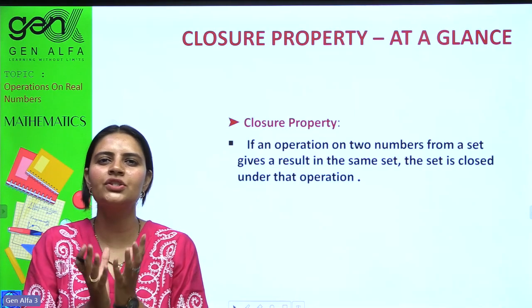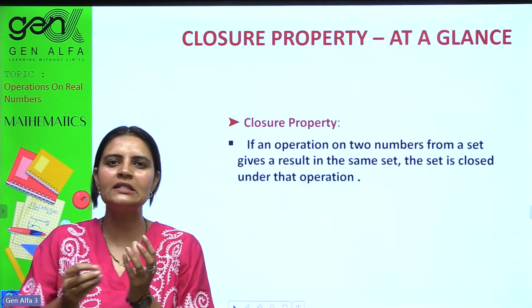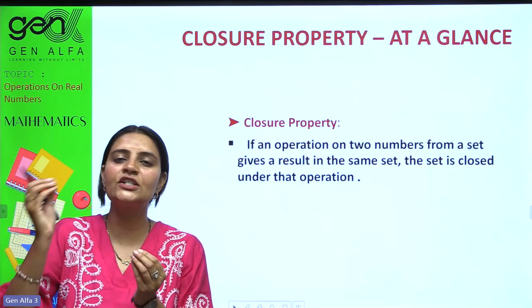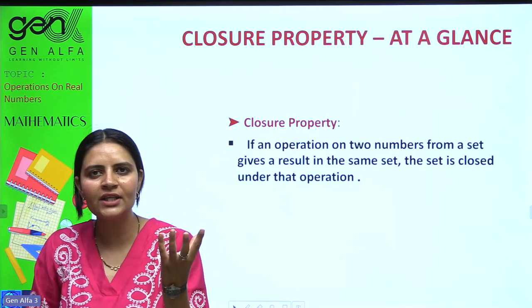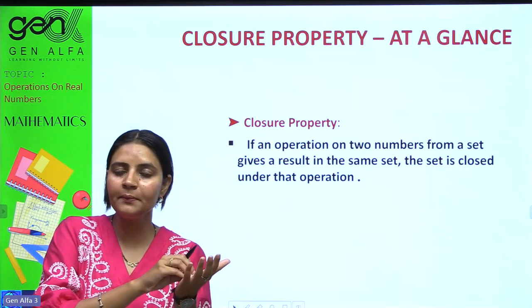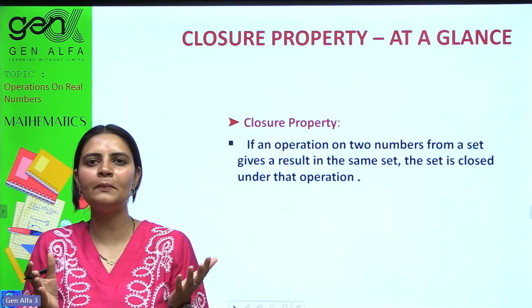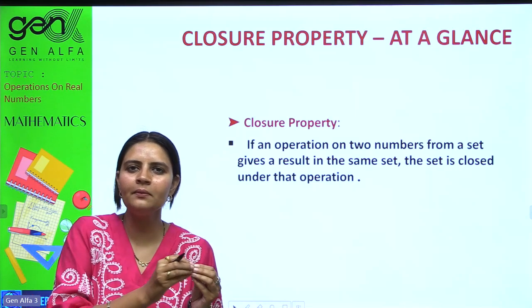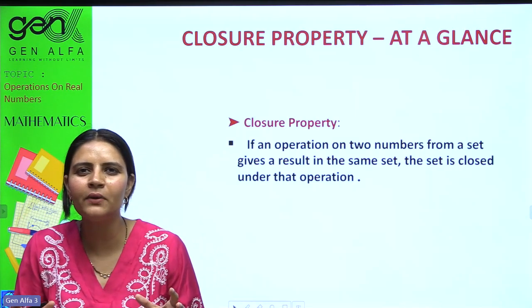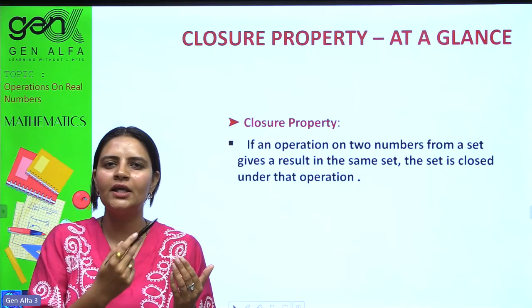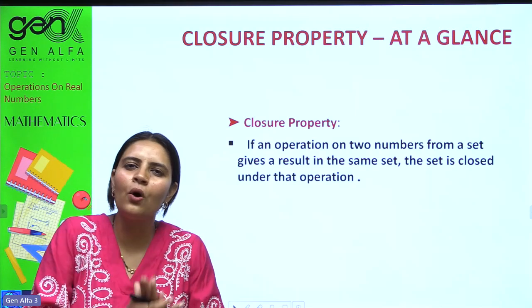That is our closure property. Closure property means closed. The set is closed. If I'm taking two whole numbers and adding them, the result is still a whole number. If I'm multiplying them, the result is still a whole number. Under various operations, the set is closed.